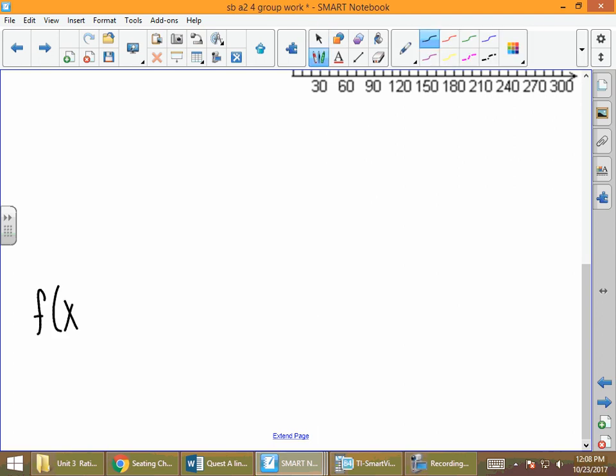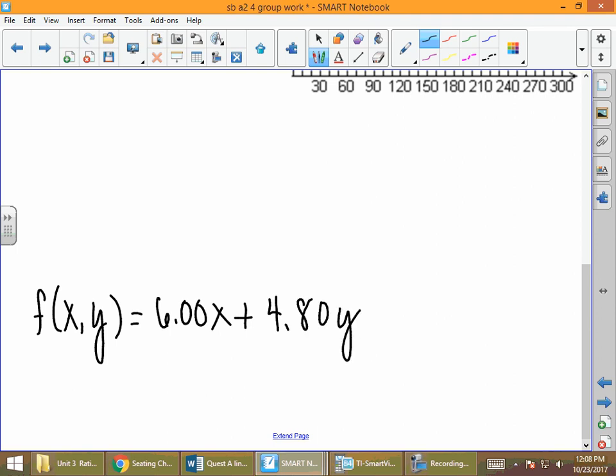In this problem, that value is given to us: 6x plus 4.8y. It means they make $6 on a large tin and $4.80 on a small tin. Again, both of those things have been given to us.